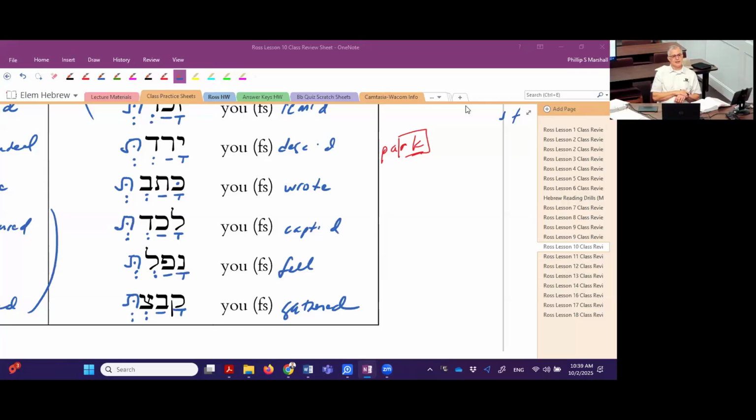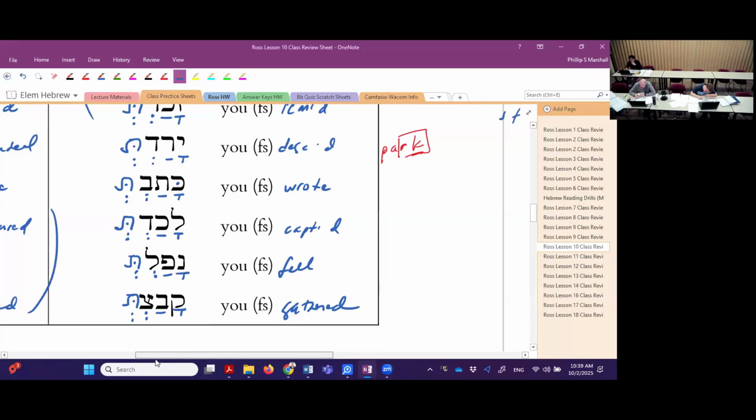It's hard to pronounce, right? Yeah, that last one's rough. That last one is kavatsta. Do you actually say t or ts? Just the t. Kavatsta. Okay, good.